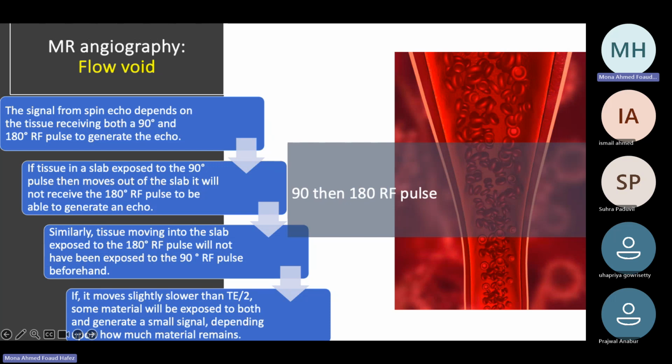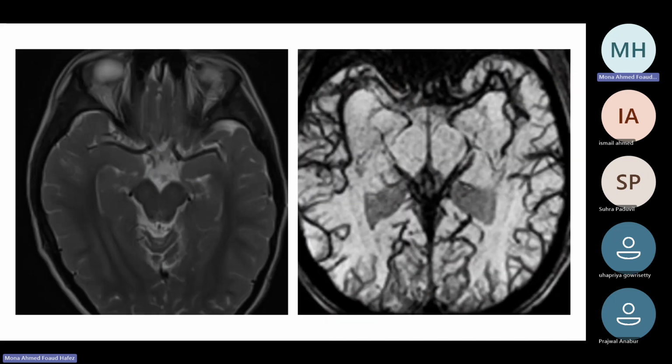So it will give a signal, as in thrombosed blood or slow-moving blood, atherosclerotic plaques and dissection. In this T2 weighted image, conventional spin echo T2, the blood vessel appears dark. Also susceptibility weighted image, which depends on the paramagnetic effect of the deoxyhemoglobin, and arterial spin labeling.